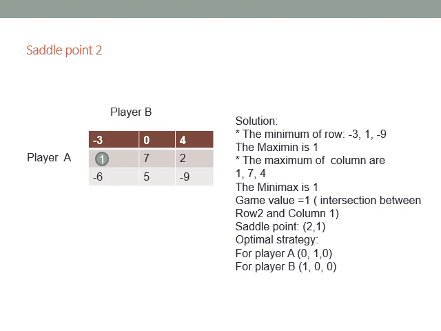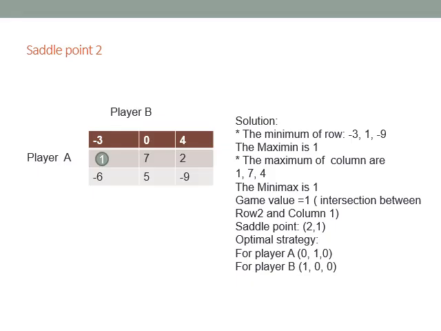Now, moving to the operation of columns. The maximum value of column 1 is 1. Move to column 2, the maximum value is 7. 7 is more than 0 and more than 5. And the last column shows that the maximum value is 4, because 4 is more than 2 and more than -9.